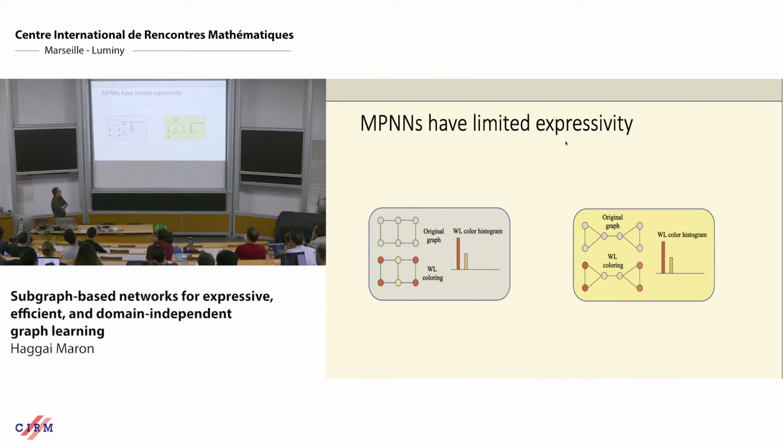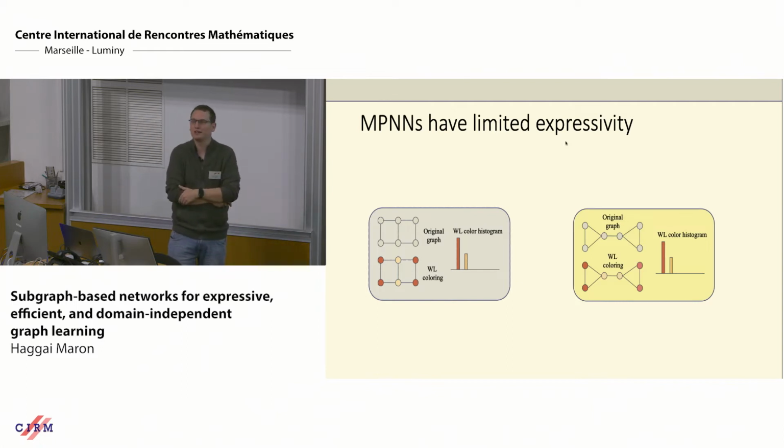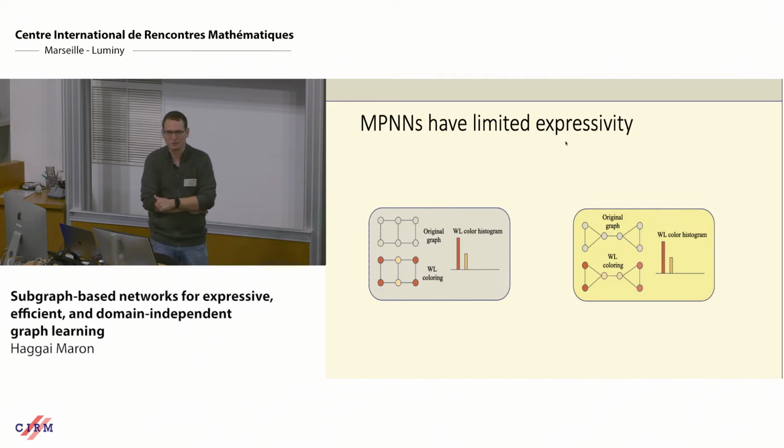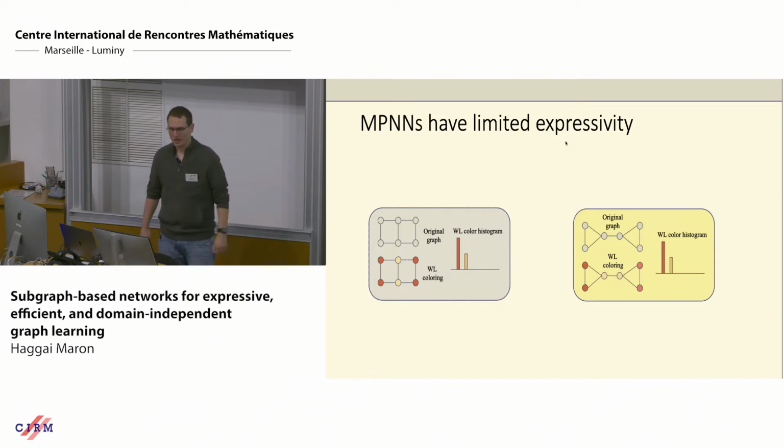So this should provide some motivation for why message passing neural networks are so limited. I should say that this is not just a single example. For example, you cannot separate between any d-regular graphs with the same number of nodes. And those kinds of things really come up in practice.